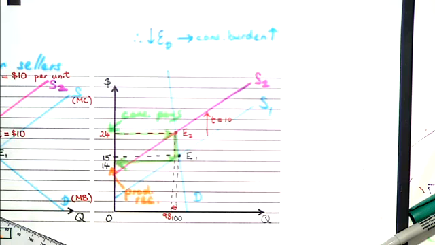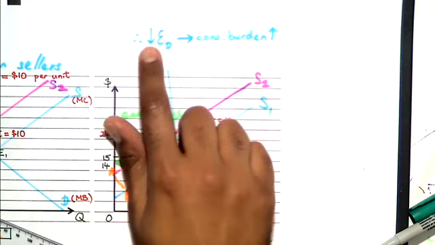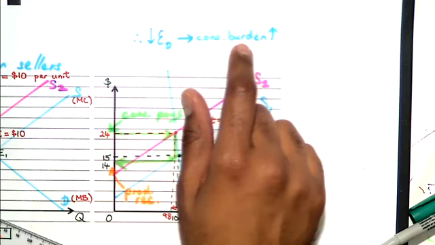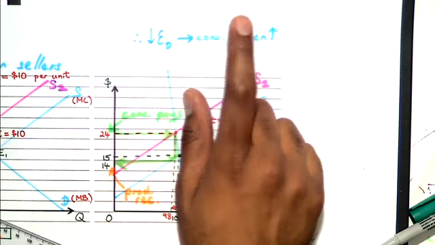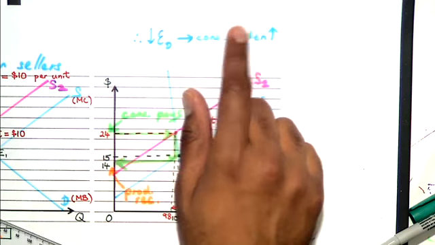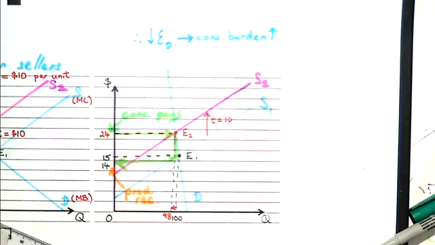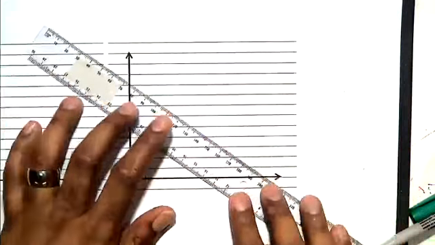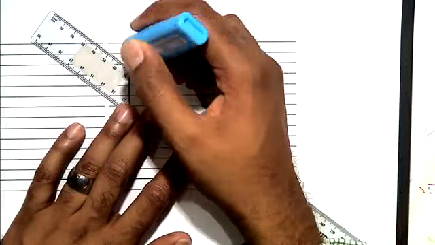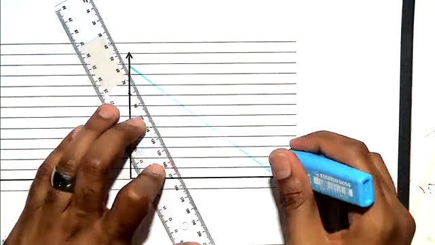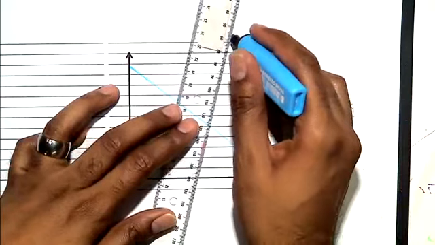So, when the demand curve is quite inelastic, the consumer burden goes up. Then the other thing to see is, what if the supply curve is quite steep? What if your supply curve is really steep?